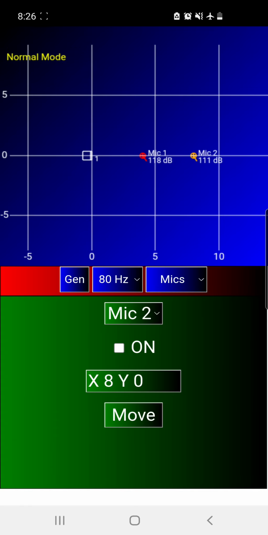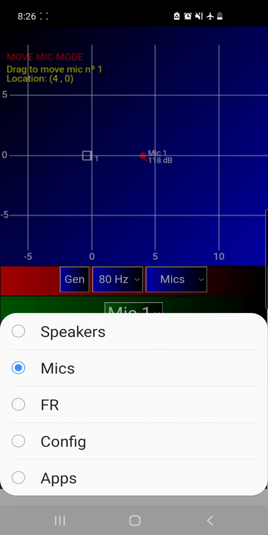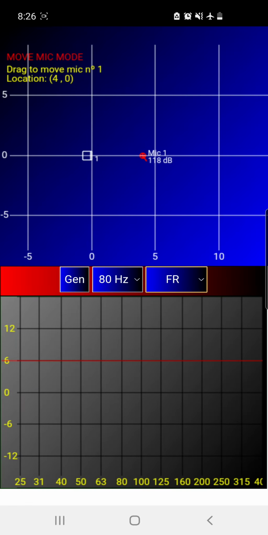If I move my microphone around, I will see that the subwoofer is always perfectly flat. As you can see on the frequency response below, I can be near to the sub and I get high levels, but always flat, or I can go further from the sub and I get less level, but always flat.